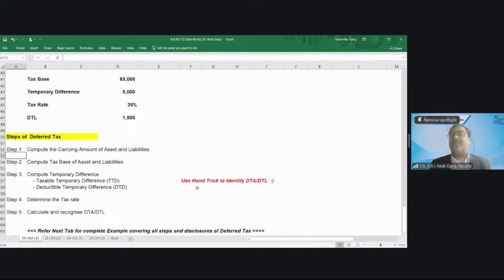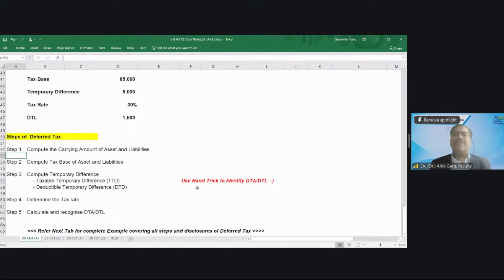Temporary and permanent. My question was not what are the two types of temporary difference. My question was what are the two types of differences. Temporary differences and permanent differences. Now I am asking a second question. What are the types of the temporary differences? Taxable and deductible. Taxable temporary difference and deductible temporary differences.